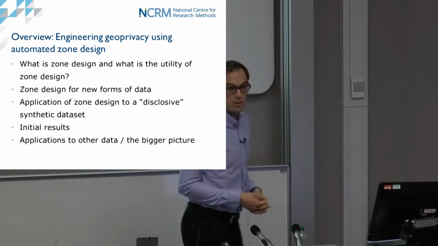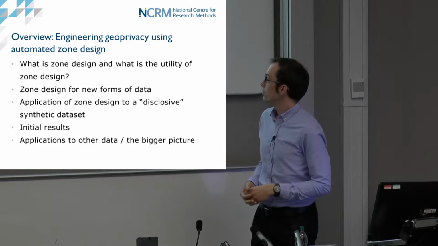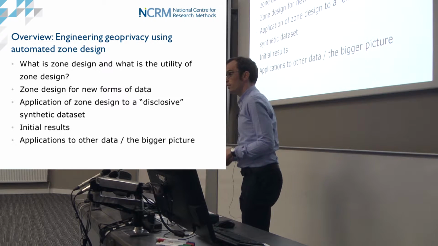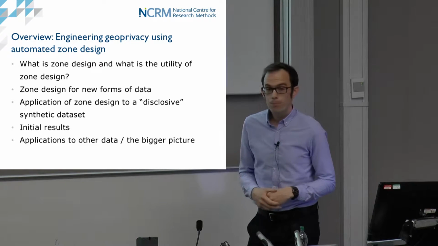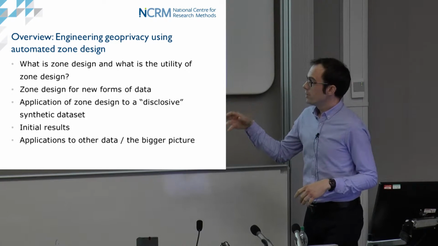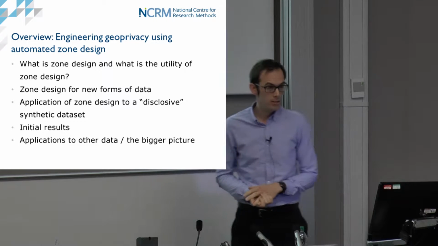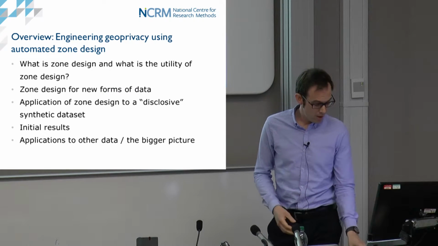I'm going to talk you through the application of a zone design solution to a disclosive synthetic data set which we've just put together, and then I'll show some initial results from that. And then at the end, just talk a bit more broadly about the applications to other data sets and the bigger picture within which we think our approach has a value.